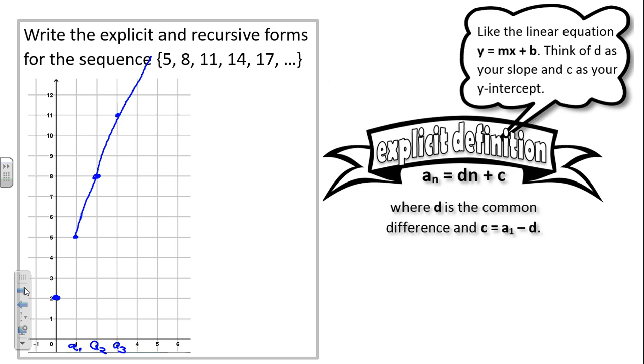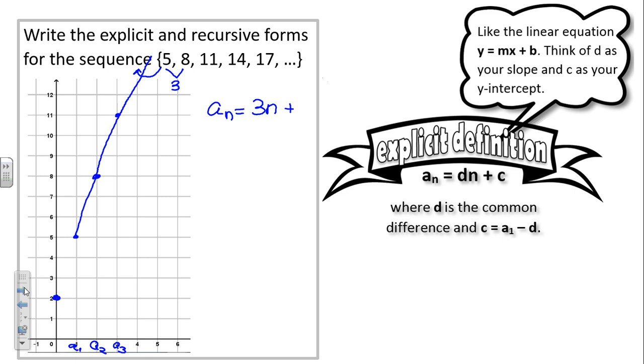Okay. So when I think of writing an explicit formula or explicit definition for an arithmetic sequence, I simply say a sub n is equal to my common difference times n plus, and then I ask myself, what would it be one step back? 2.